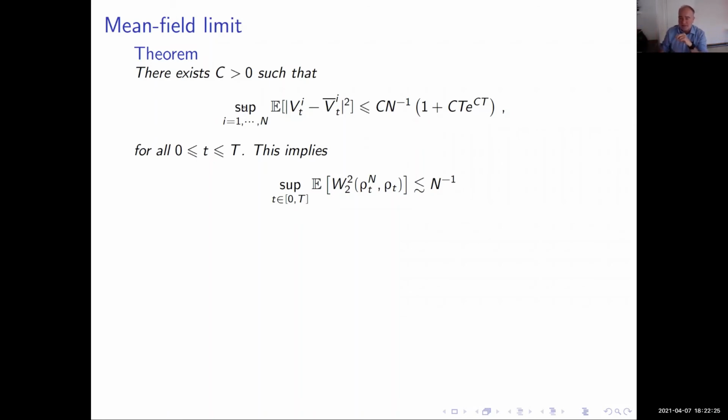And this happens in expectation. That's the way you prove it. And this would imply that a certain distance of the empirical measure from the law does converge to zero with a certain rate, again in expectation.